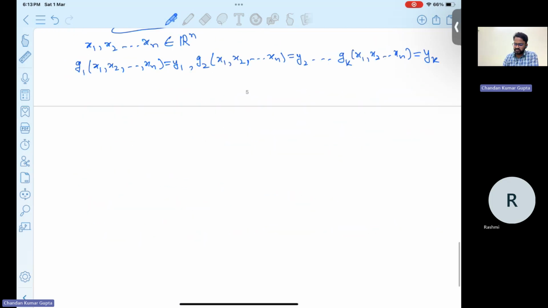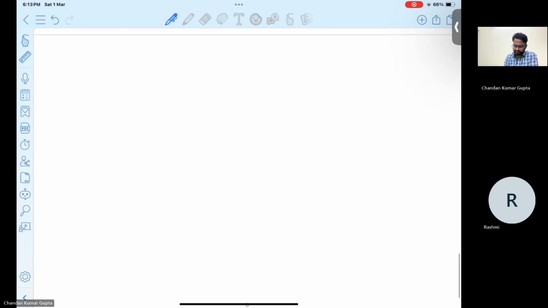We can discuss it via some examples. Like example one, suppose we have a two-dimensional or bivariate random variable.